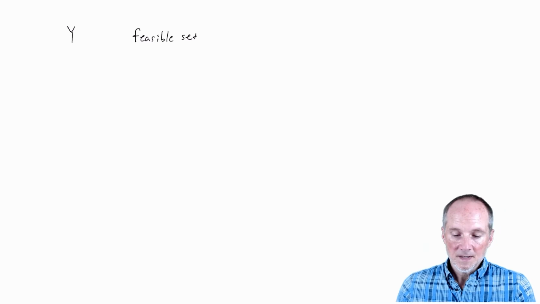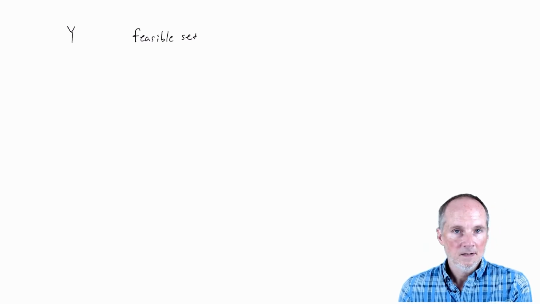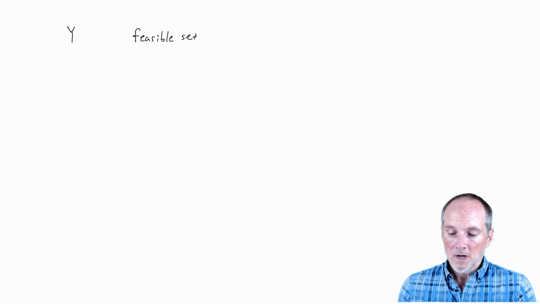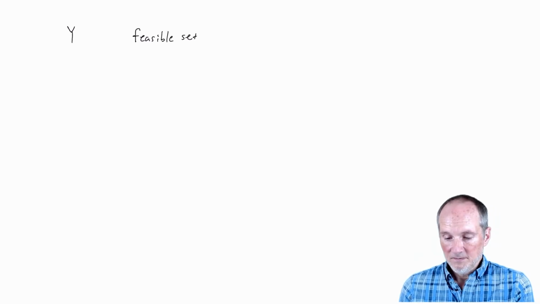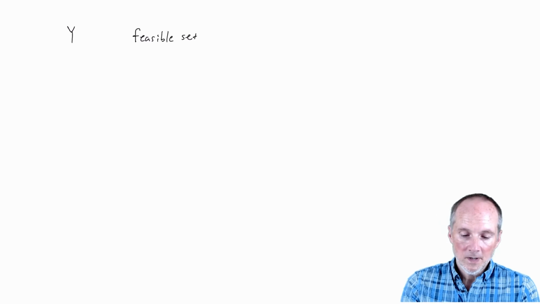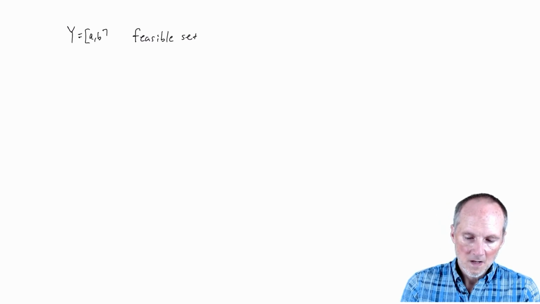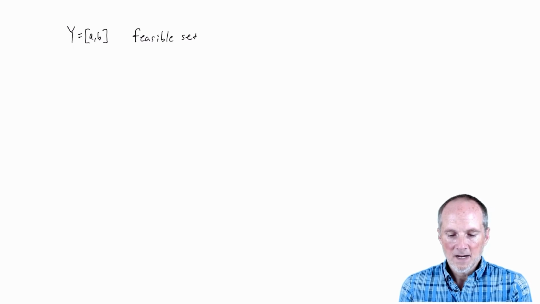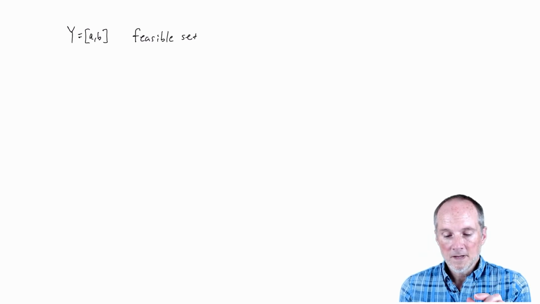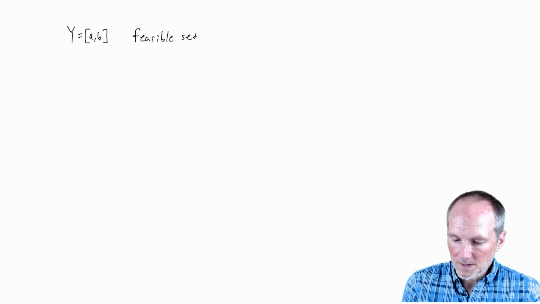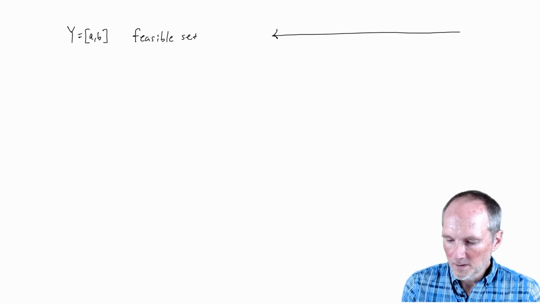Okay, so that's going to be a subset of the policy space that's actually available to the decision maker. Well, in this setting, we have the structure of the real line. So I'm just going to go ahead and assume that this is an interval. And that bracket notation means that the feasible set is everything from policy A to policy B, including A and B. So let's go back to our real line.